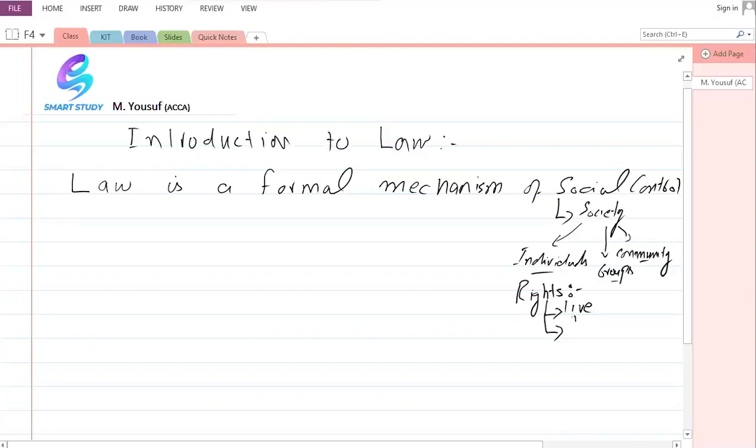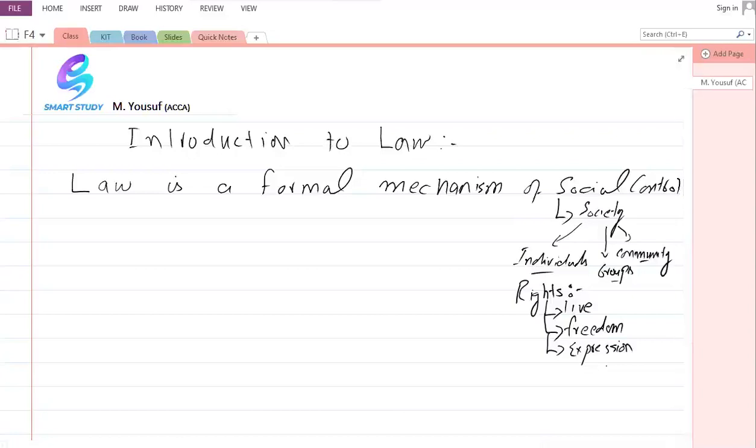There is also a right of freedom and a right of expression. Everyone has the freedom to do whatever he wants. If he wants to educate himself, he can take admission in a university. Whatever thoughts he has, he can express them in a good manner.